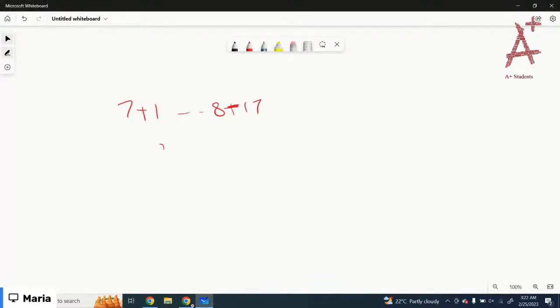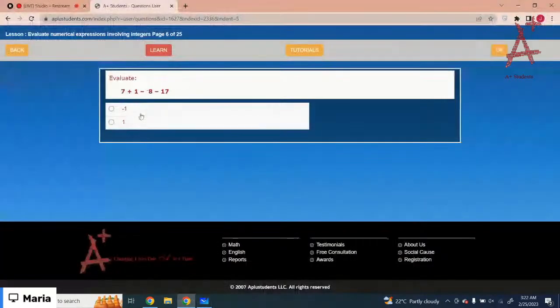Okay, so 7 plus 1 is 8. 8 minus negative 8, subtracting a negative number is same as adding. It would be 8 plus 8 minus 17. 8 plus 8 is 16, and 16 minus 17 is 1, and 17 is the negative number, so the answer must have a negative sign. So the correct option is negative 1.